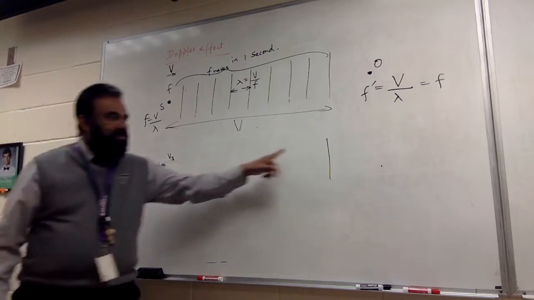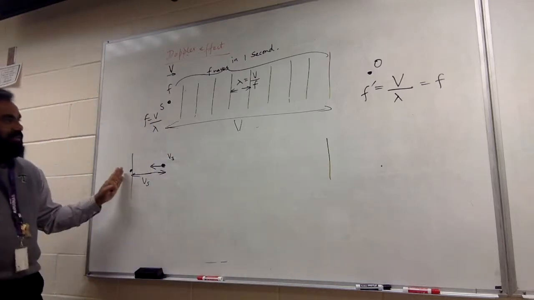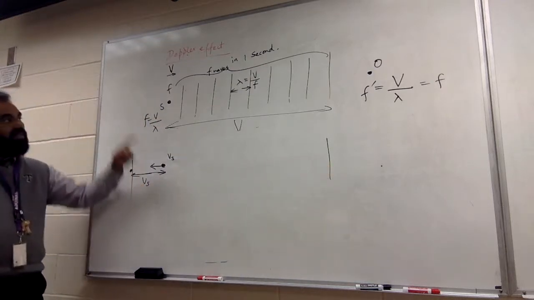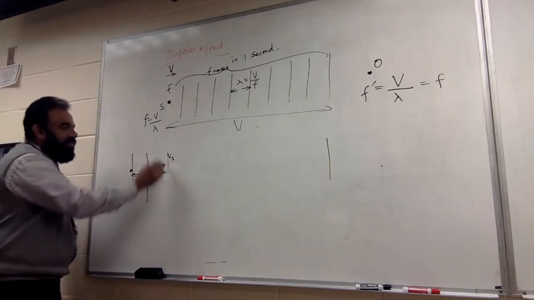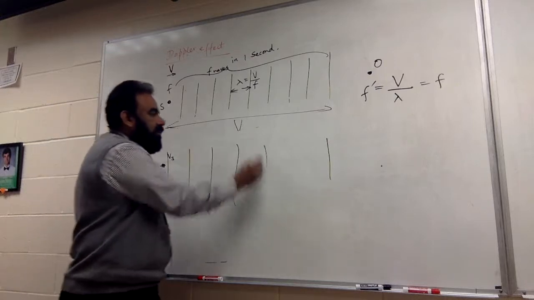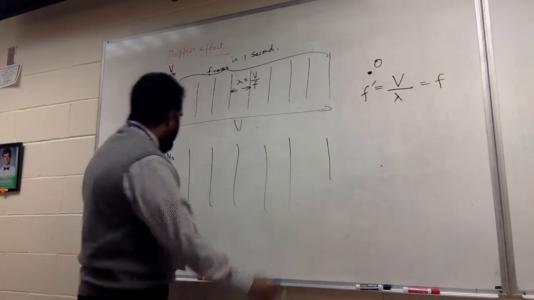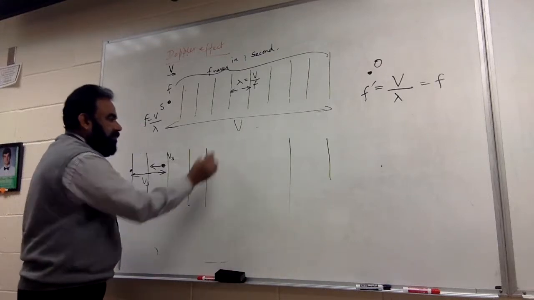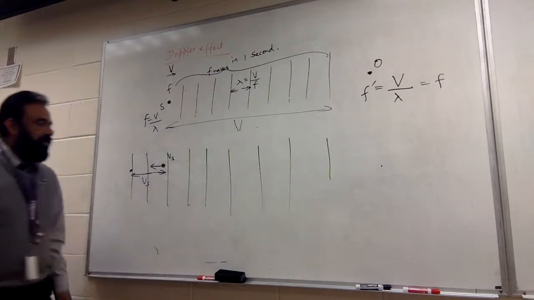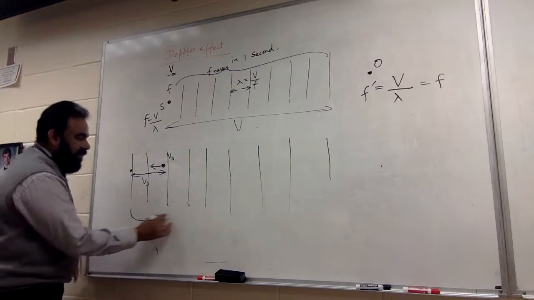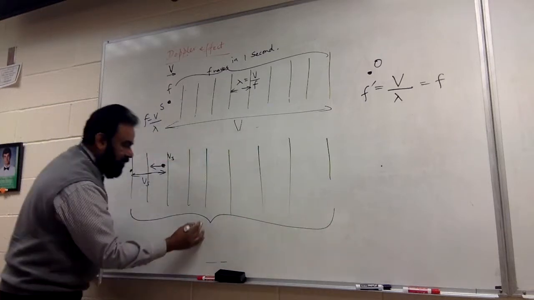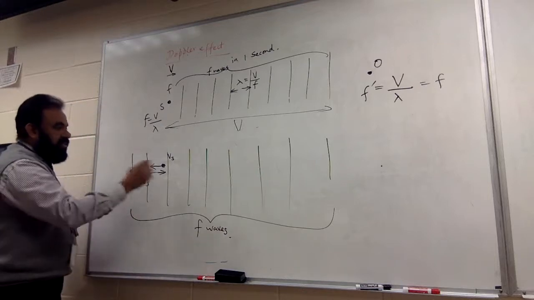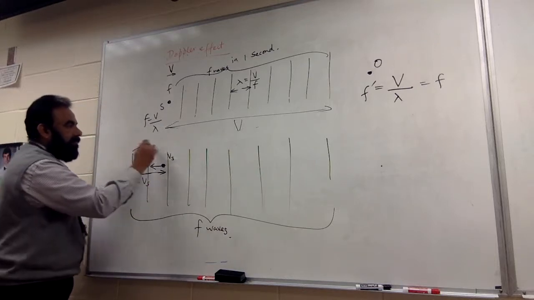So where is the first wave? Right there. Where's the last wave? It's here. And how many waves are supposed to be there between these two locations? F. So what's the consequence? There are F waves from here to here, and the total distance from here to here is how much?